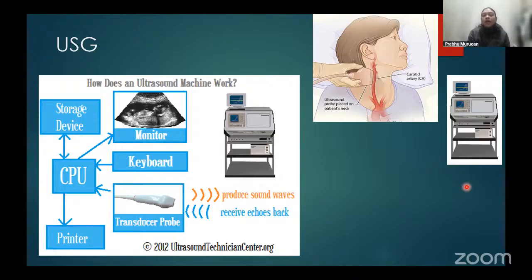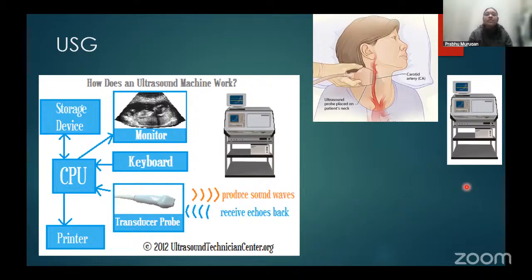Apart from that, we also have something called Doppler ultrasound. In case of any AV abnormalities, your arteriovenous abnormalities, where you have to look at the flow of blood, whether there is any kind of backflow, or in case of detecting cardiovascular anomalies, you can make use of this Doppler effect, where you can record how the blood flow is, whether it is arterial or venous blood flow.